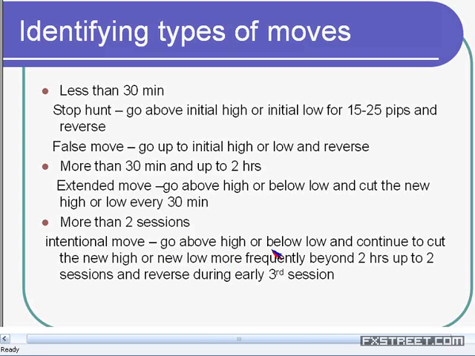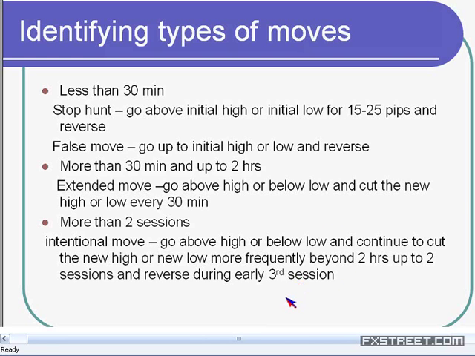So intentional move goes above that of the high or below that of the low and continues to cut the new low or the new high more frequently beyond 2 hours and up to 2 sessions and reverses during the early part of the 3rd session.